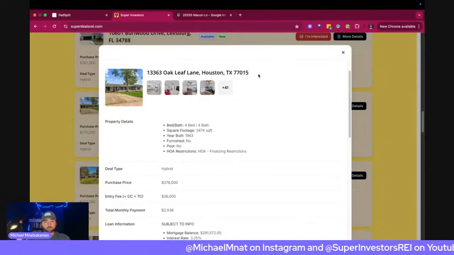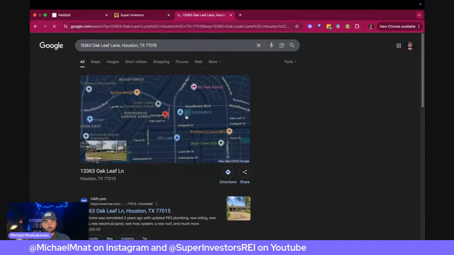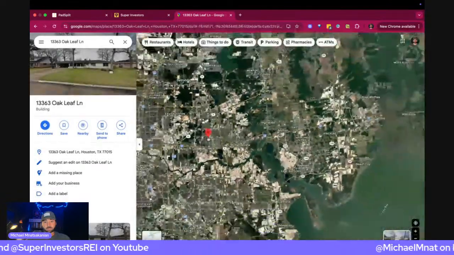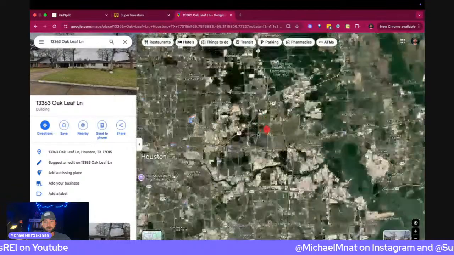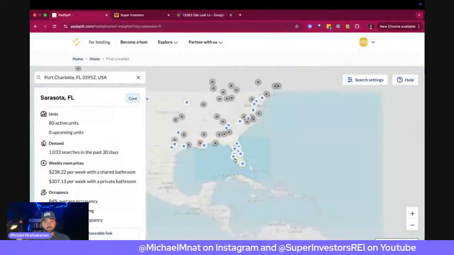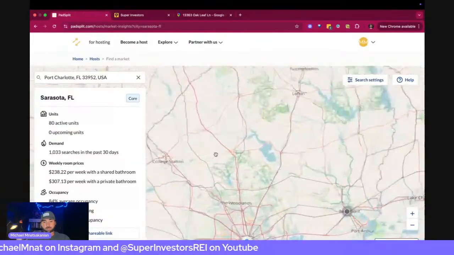Huge house. My concern here is this thing's not going to be somewhere of use. Oh, actually, looks like it's in city limits. That's good. It's pretty far out, but 77015. Let's go to Texas now. Sorry if I'm making you nauseous.